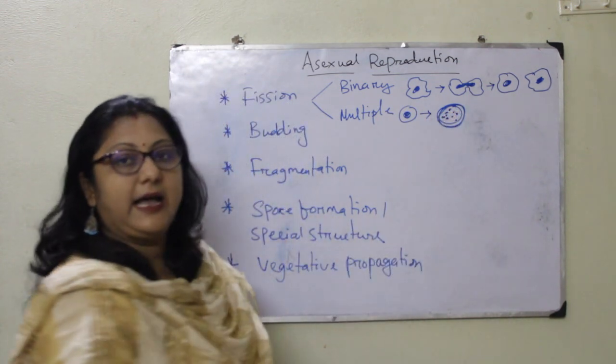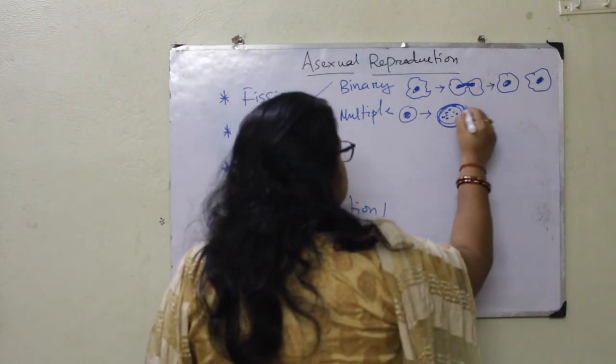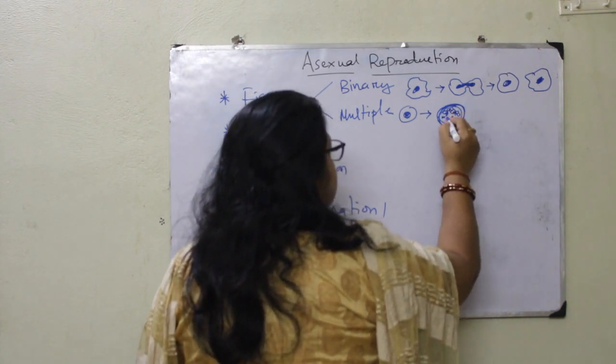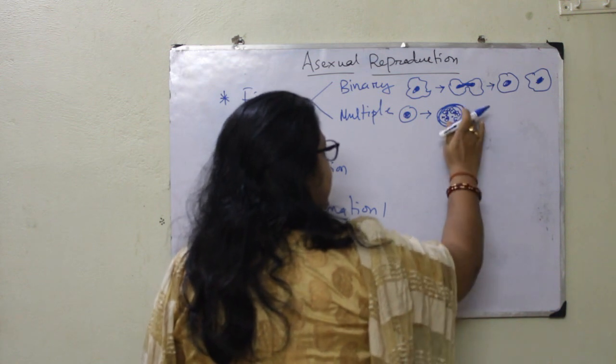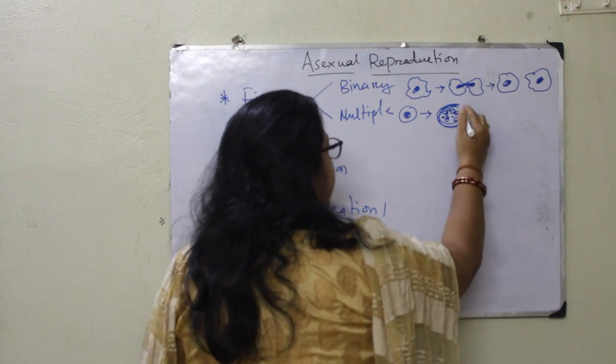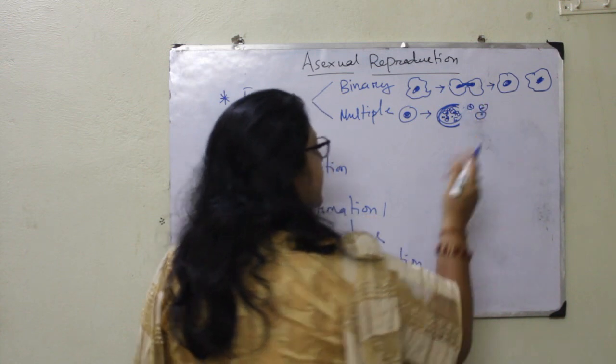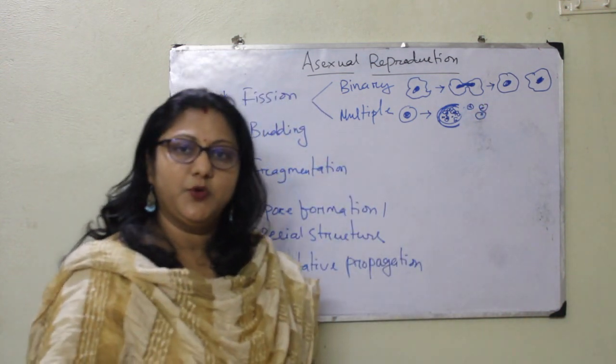Then cytoplasm will be surrounding the nuclei. Clear? When there is a favorable condition, the cyst wall breaks and these tiny cells go out and develop as new organisms.